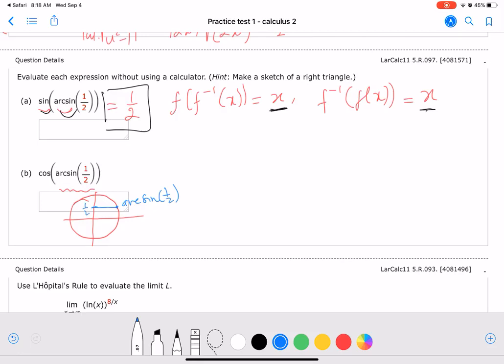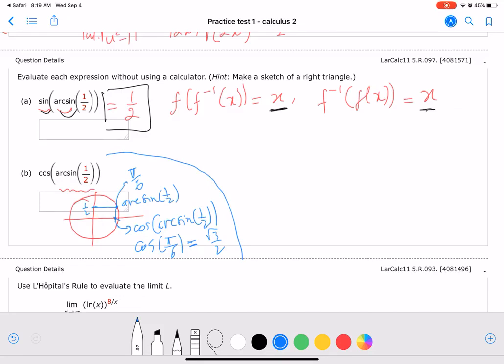Then they ask us to find cosine of arcsine 1/2, meaning this value. Of course, we can say this angle is just pi over 6, and cosine pi over 6 is square root 3 over 2. But let's solve it in another way.